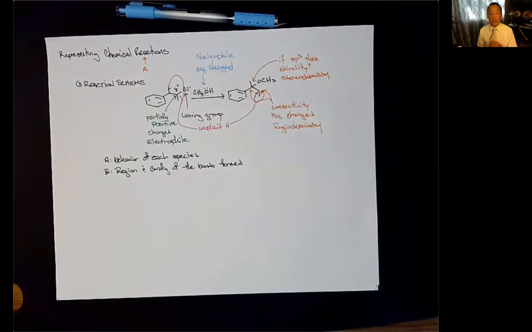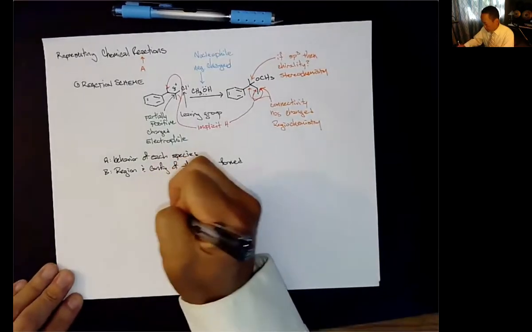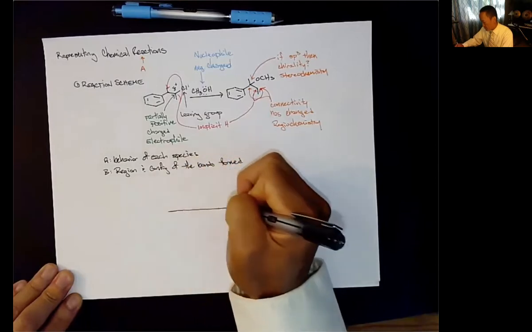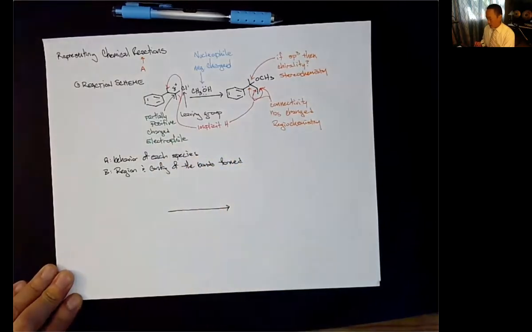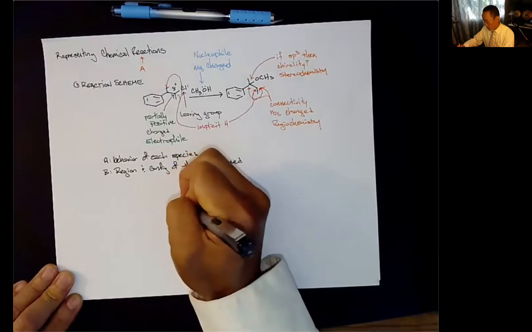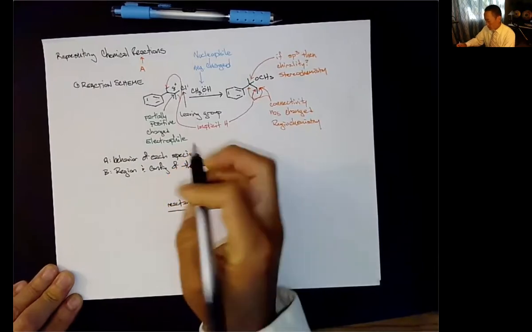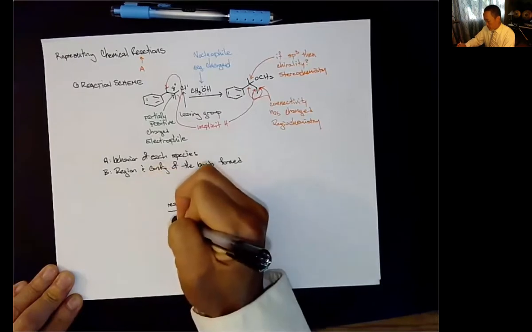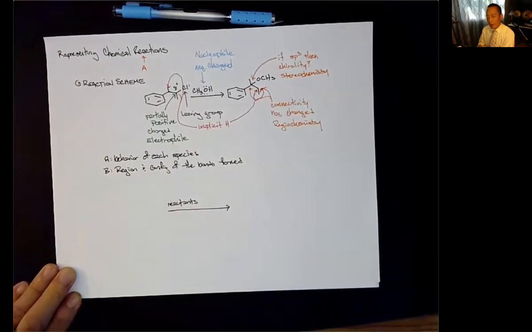And so just to extrapolate this a little bit more, since we'll be running with this idea, when we look at a reaction scheme, the stuff above the arrow is typically the reactants that are involved.